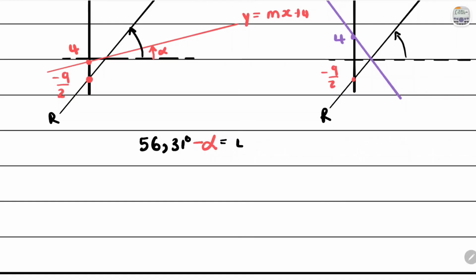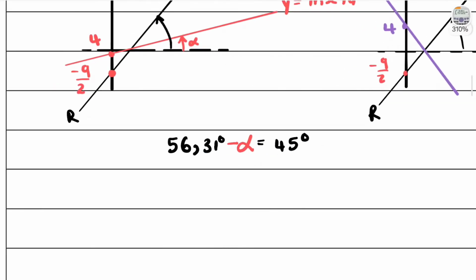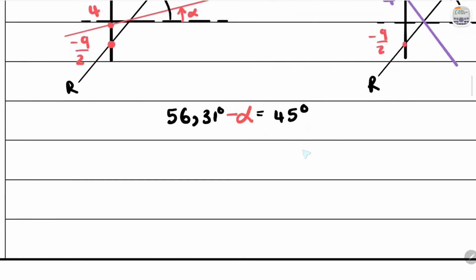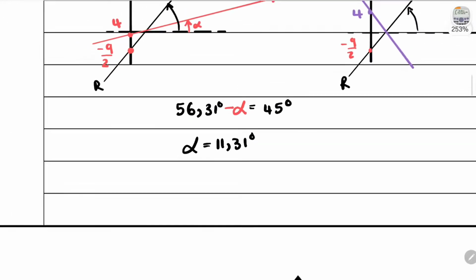So this is equal to 45 degrees. This is what they told us, okay? The difference between their angles of inclination is 45 degrees. So with this, we just transpose alpha. So alpha equals 56.31 minus 45, okay? So let's find out what that is. That would simply be 11.31 degrees. Okay, so this is what alpha could be.